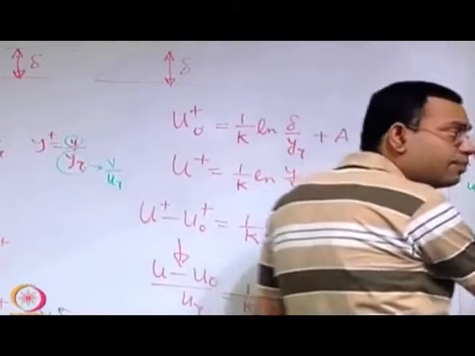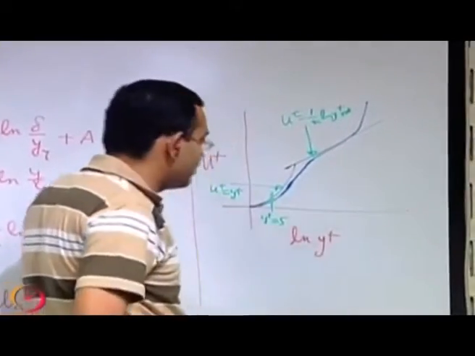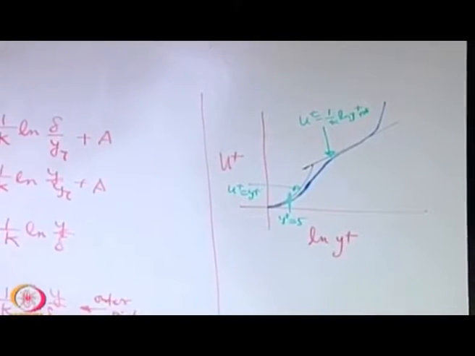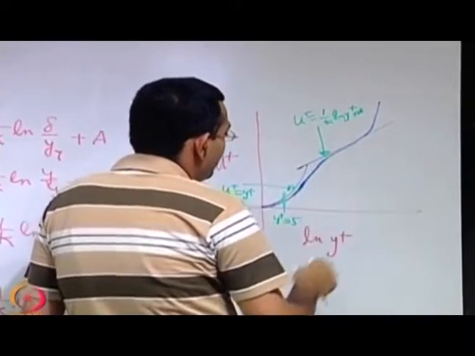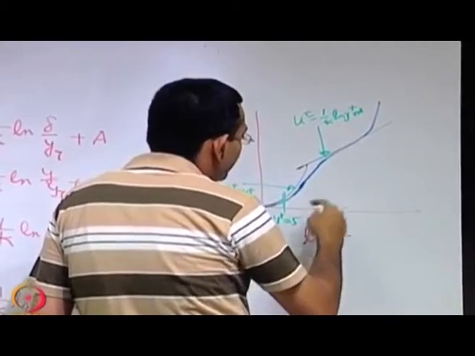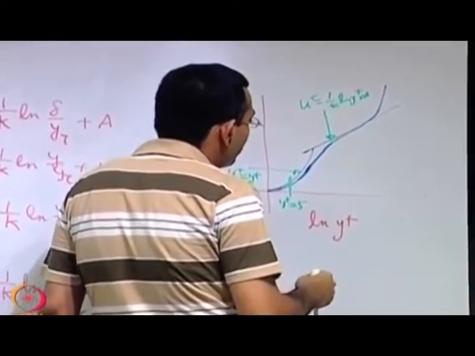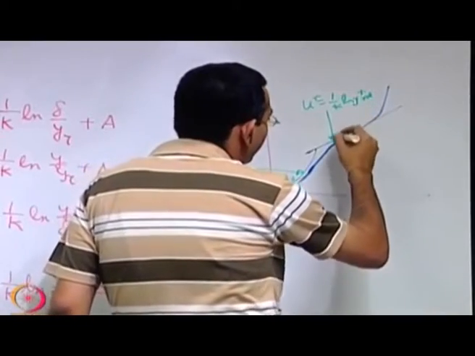So the corresponding y plus very close to the wall, till which the experimental behavior is valid, is roughly equal to 5. Then you come to the other layers, where these laws are more or less not that effectively valid.